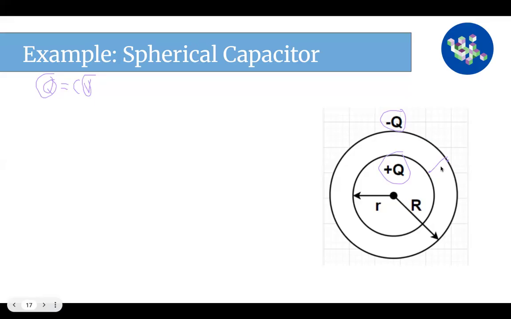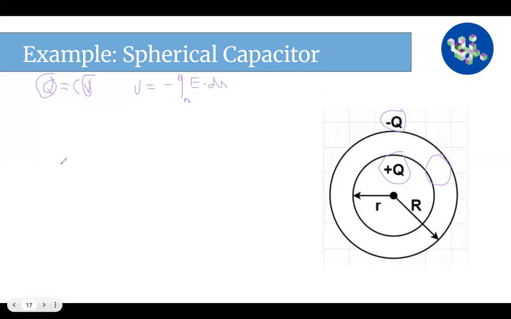If I want to find the potential difference between the two spheres, I can first find the electric field in the region over here, and then remember, the potential difference is the negative integral from A to B of E dot ds.